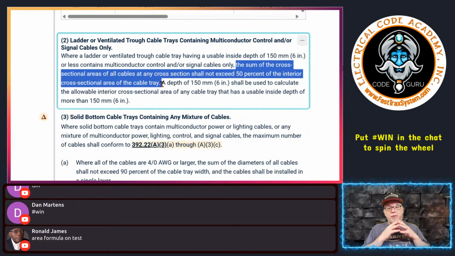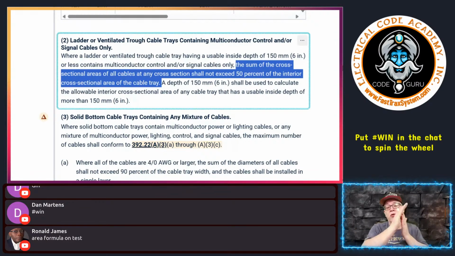This is an example of how we did a wireway. Think of it as a loaf of bread, and you take any cross-sectional area. Whether you cut it this way or this way, it's a slice. As long as that cross-sectional area does not exceed 50% of the total interior cross-sectional area for that space, then you're okay.